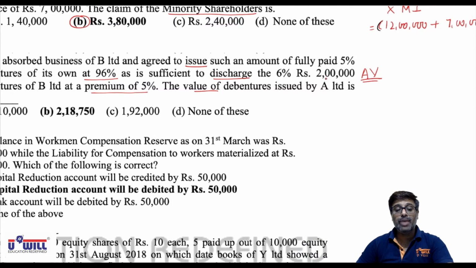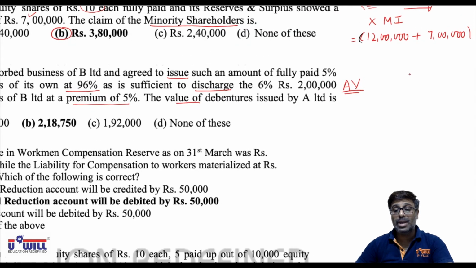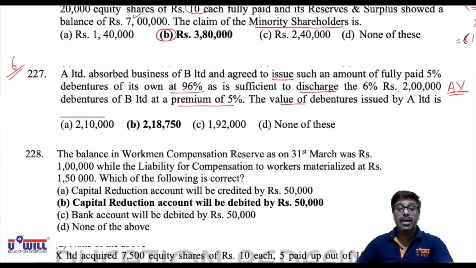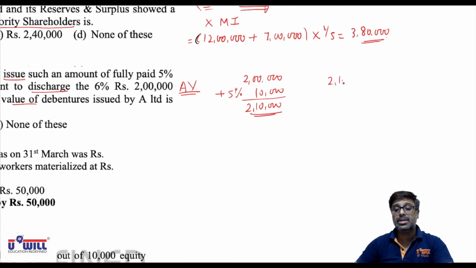Now, the value of debentures to be issued by A Limited, how will we find it? First of all, 2 lakhs of debentures are there. On that, we have to pay 5% premium, that is 10,000. So we have to pay them 2,10,000. Okay, this working we have been doing in the chapter of amalgamation. Now 96% means 2,10,000 divided by 96 rupees.